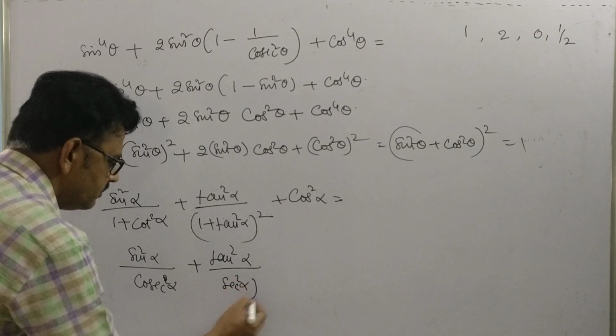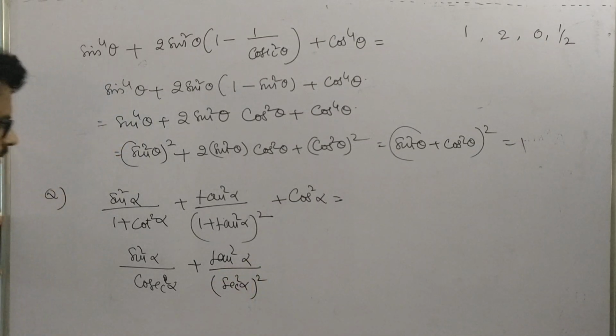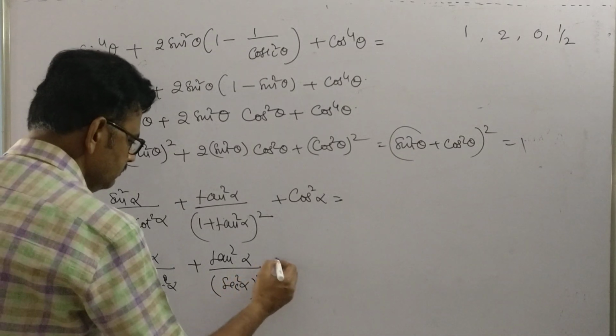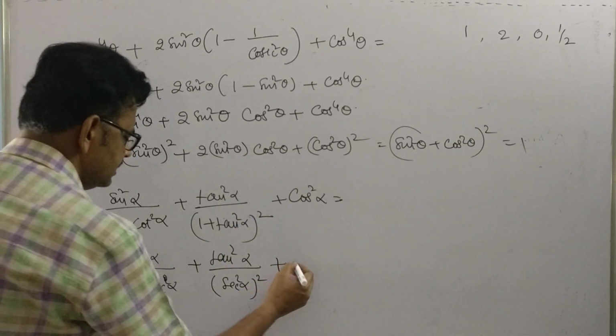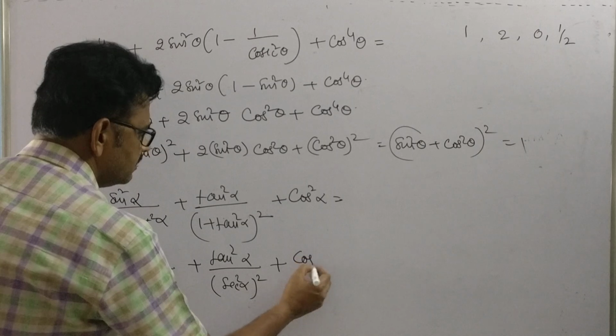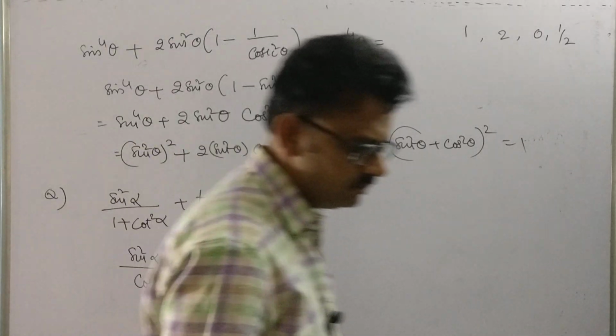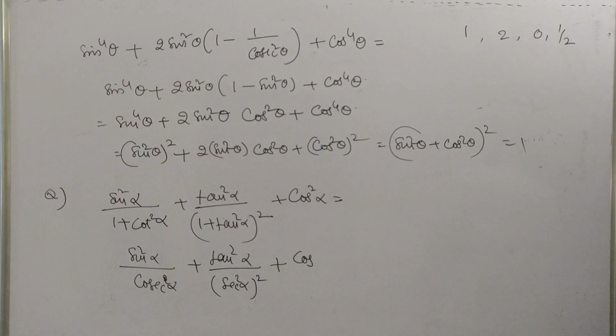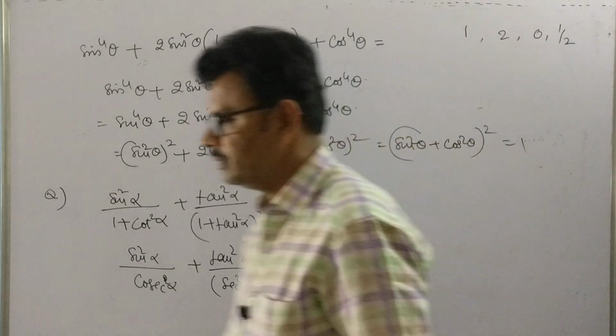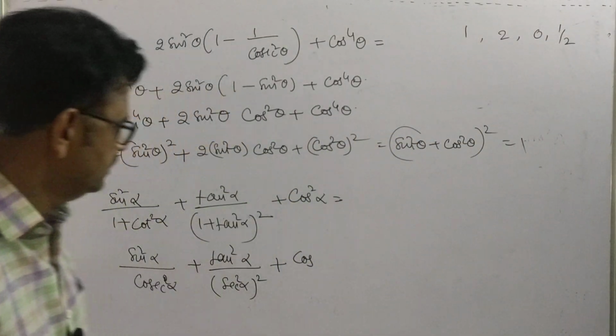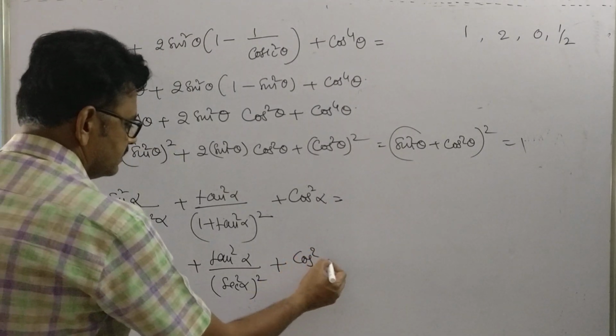So secant square alpha whole square, plus cos square alpha.